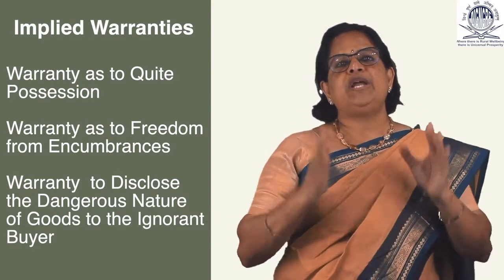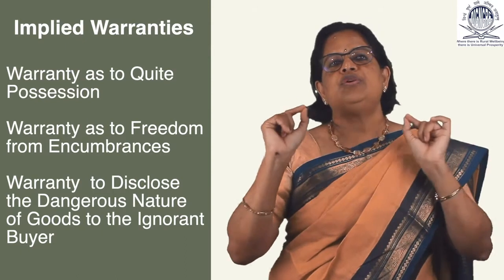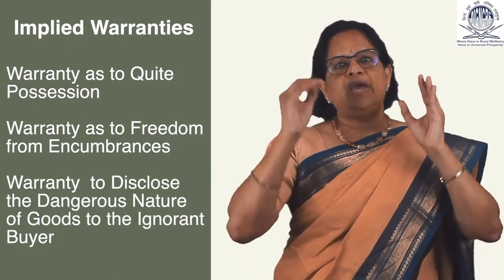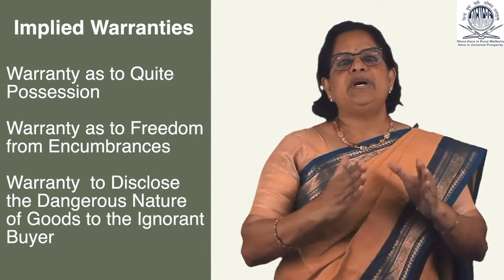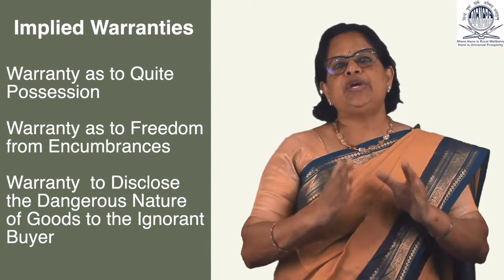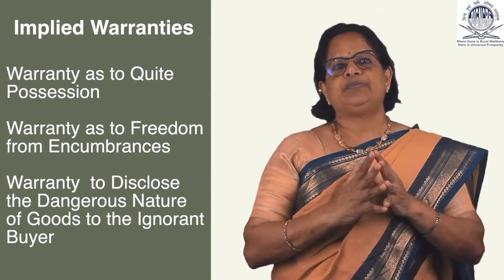The first implied warranty is quiet possession of the goods. In every contract of sale, there is an implied warranty that the buyer will have and enjoy quiet possession of goods.